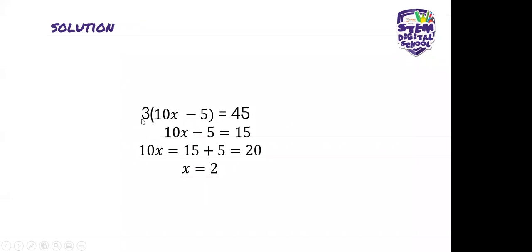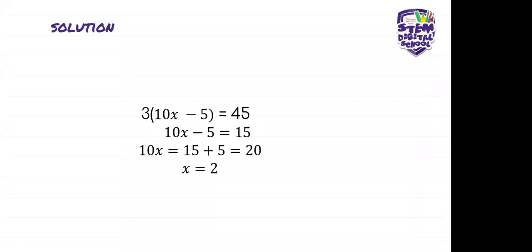So in other words, you multiply the left-hand side by a third, you do the same with the right-hand side. So when you divide 45 by 3, you get 15. And of course, when you divide 3 by 3, you get 1. That is why the 10x minus 5 is now outside of the bracket. So that is how I have broken the bracket.